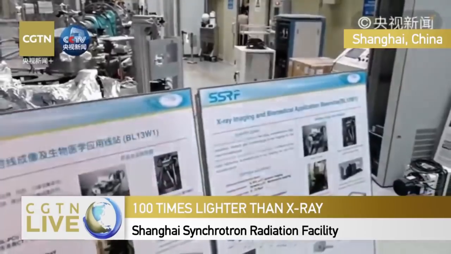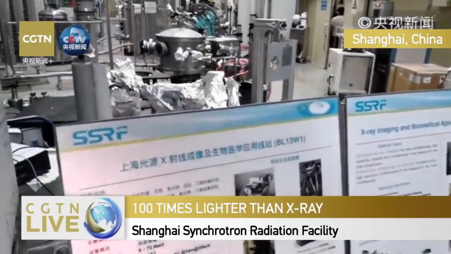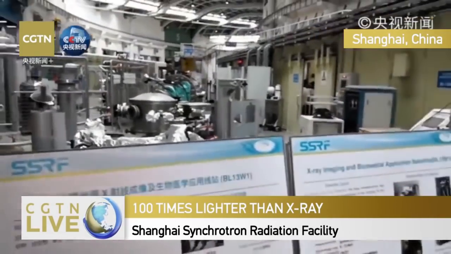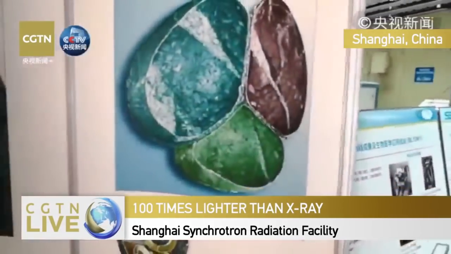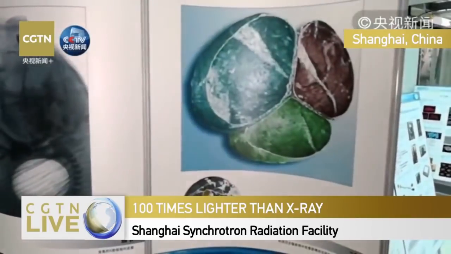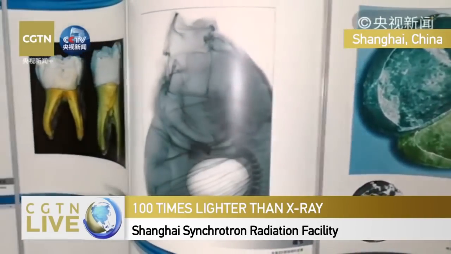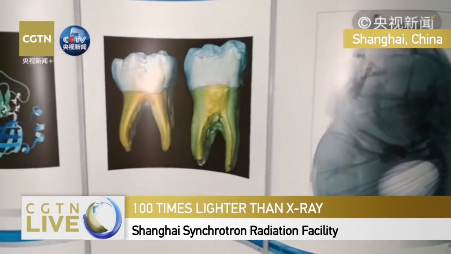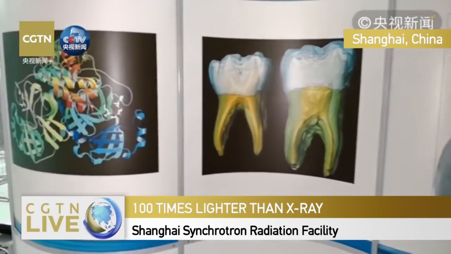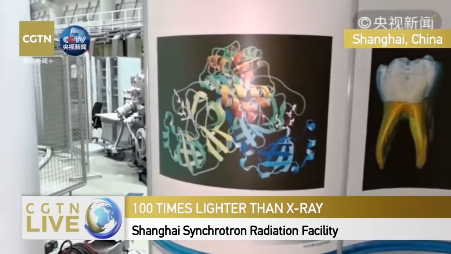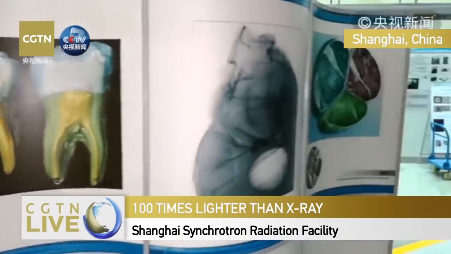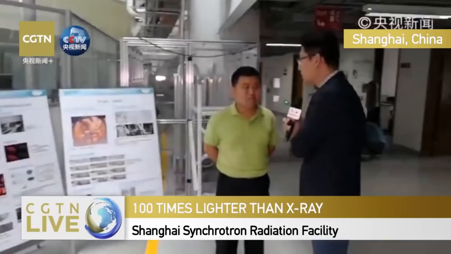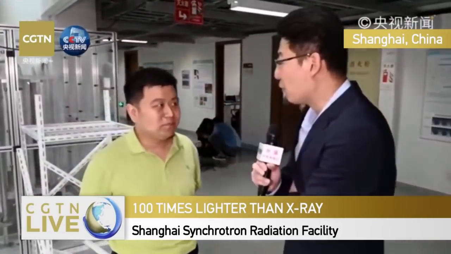So over the whole 10-year period, the Shanghai light source has helped about 13,000 research projects, and 518 institutions have used this light source, including universities, research institutes, and companies. And we have 41,000 personnel using this facility. And we know that for the past 10 years, Shanghai light source has become the scientific equipment with the largest number of users.